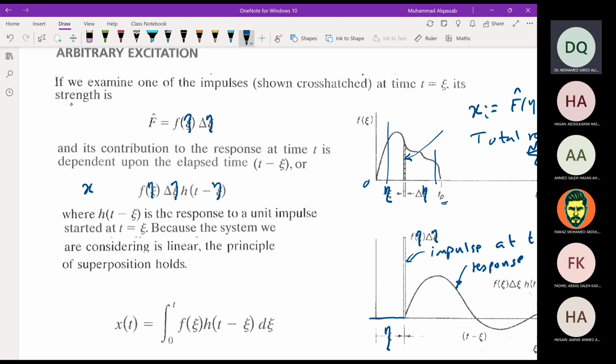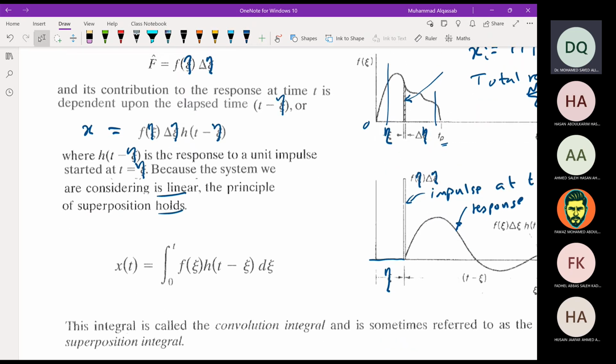As it's mentioned here, this impulse's contribution to the response at time t depends upon the elapsed time t minus eta, and it is equal to f of eta delta eta h of t minus eta, where h of t minus eta is the response to a unit impulse started at t equal to eta. Because the system we are considering is linear, the principle of superposition holds. And when you take the summation to be very large, you can replace the summation with integration.